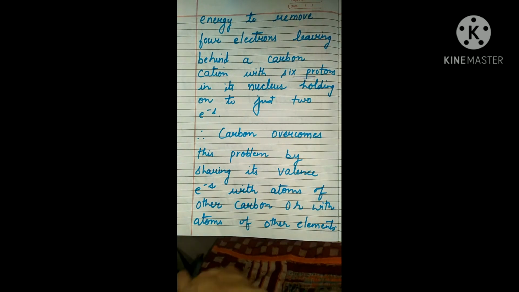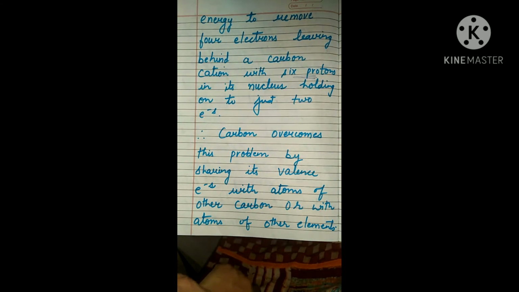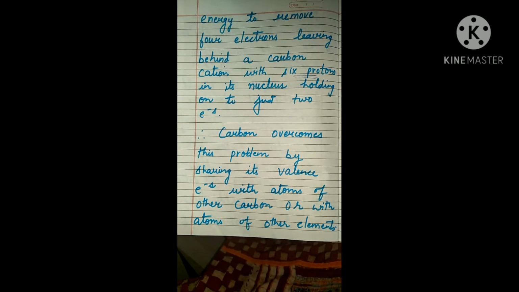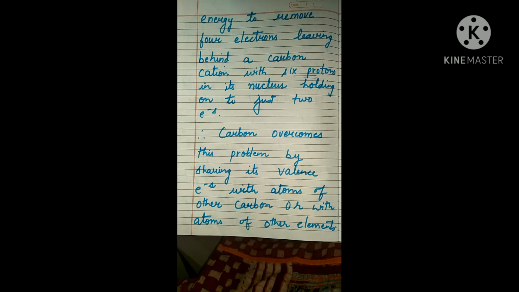That is why carbon is neither going to lose electrons nor gain electrons, but it will go for mutual sharing of electrons, and this problem will be overcome by mutual sharing of electrons. How will this mutual sharing of electrons take place? What type of bond will be formed? What type of ion will be formed? This we are going to discuss.